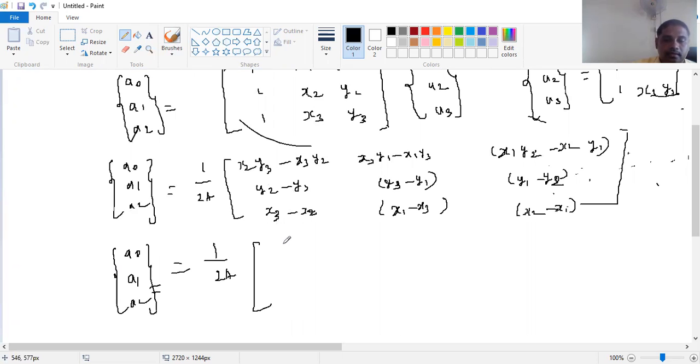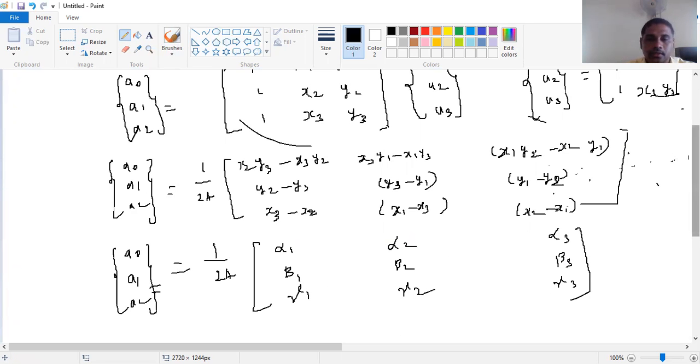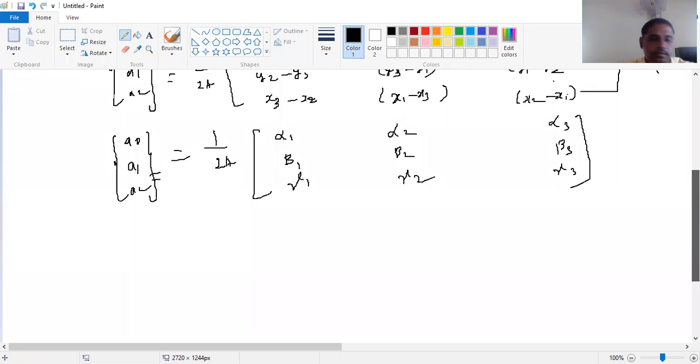You can consider these as alpha 1, alpha 2, alpha 3, these as beta 1, beta 2, beta 3, and here these could be gamma 1, gamma 2, and gamma 3. These are the values of the common parameters.